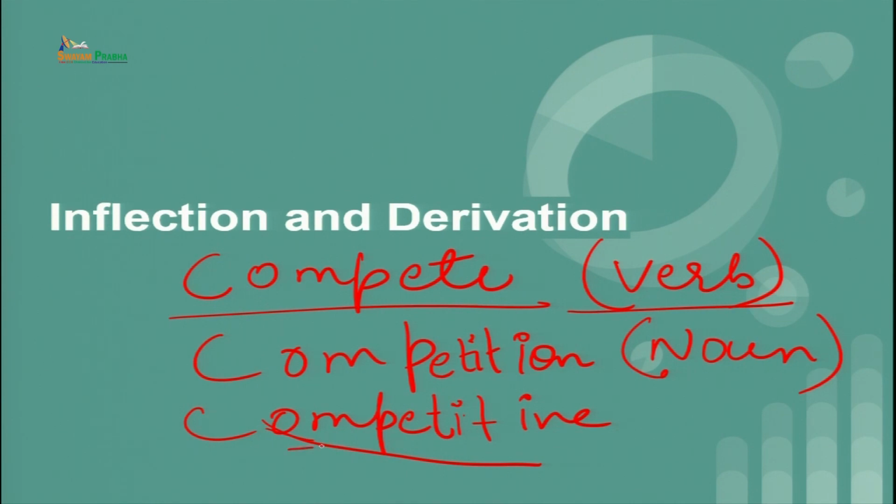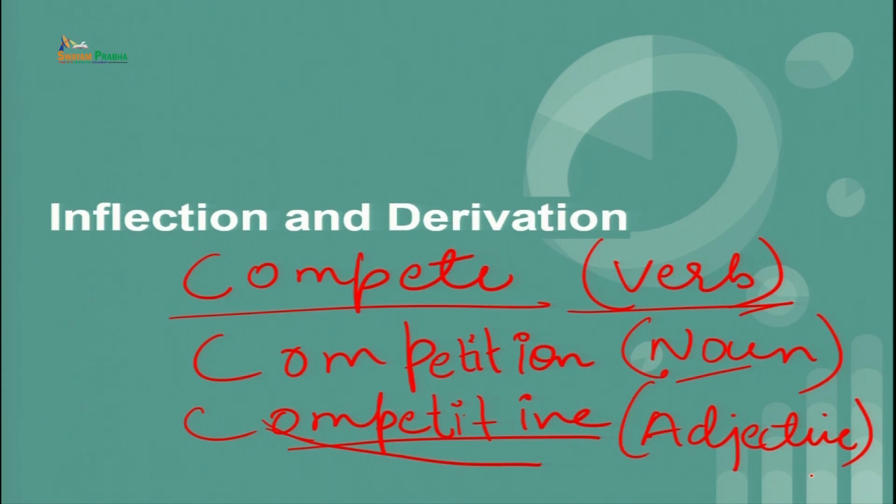Okay. It means it is no more a verb and also not a noun, but becomes an adjective. You can further add ly. Now, after adding ly, you will find that it becomes competitively.